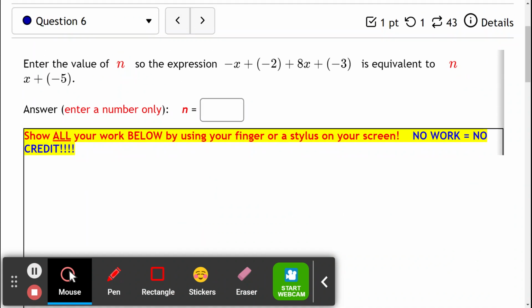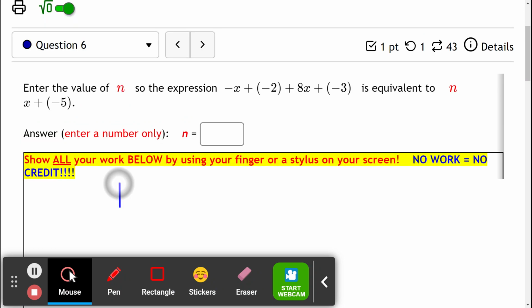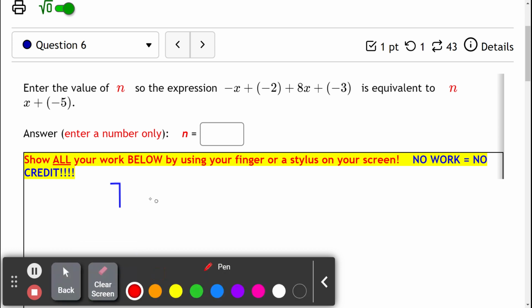In this one, we have this expression. I'll just write it with pen. We have negative x plus -2, plus 8x, plus -3.